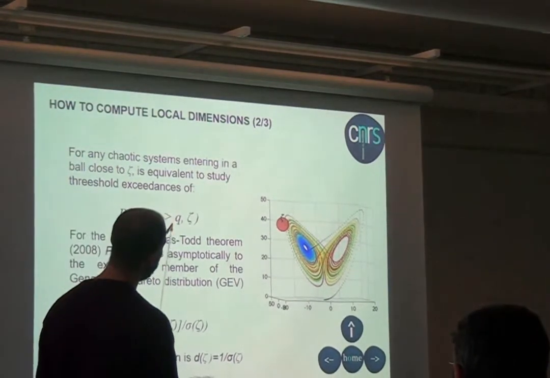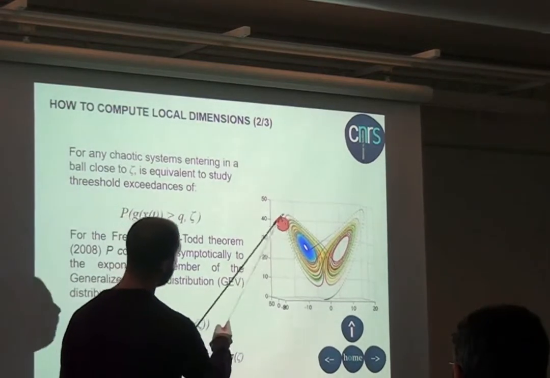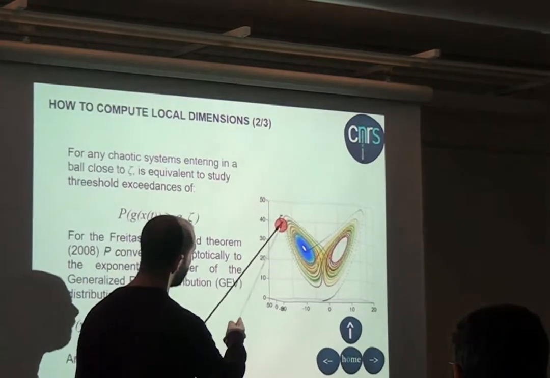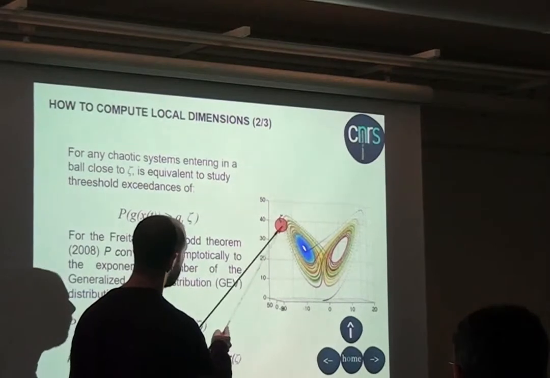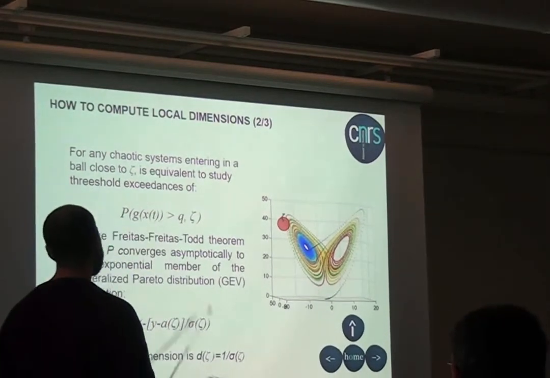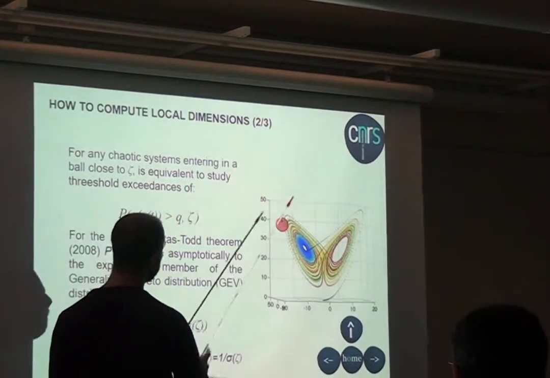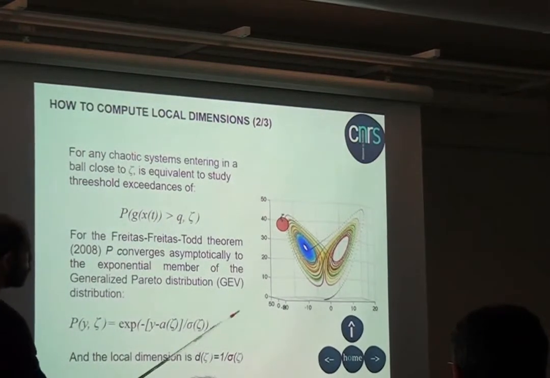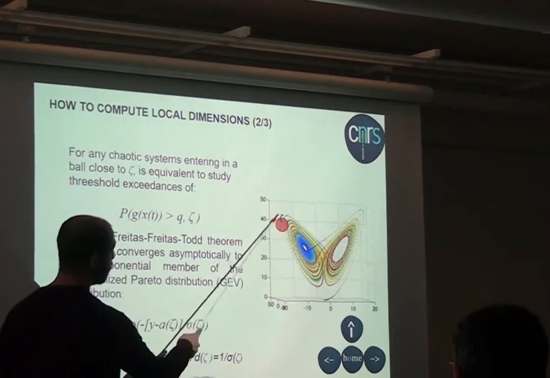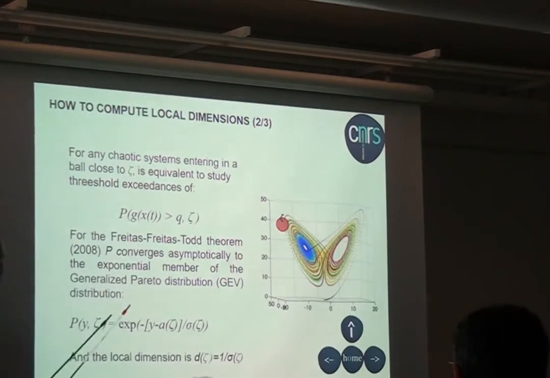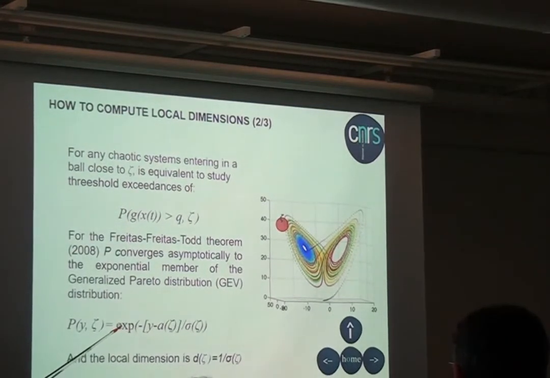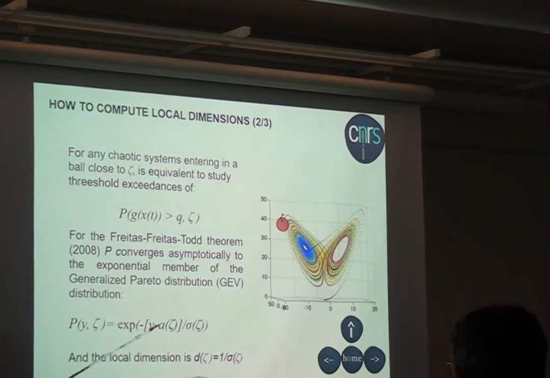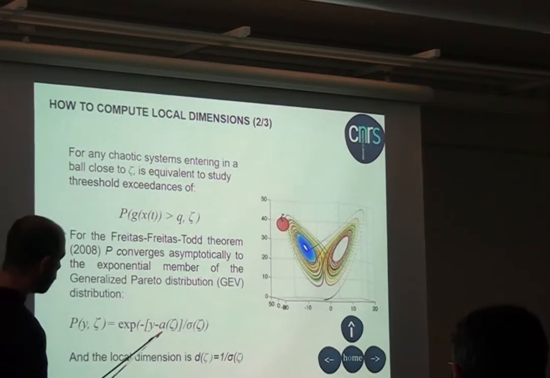So I will set a high threshold, and this threshold will correspond to my trajectory entering this point, okay? So once I have this, and the system is chaotic, I know the distribution of the entrance in the ball around the point zeta, that is just an exponential function. And this exponential function has two parameters.